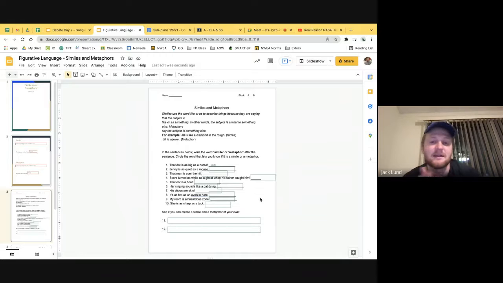If it does not, then it is a metaphor. See, number one, I did do number one for you. Number one is that dot is as big as a horse. So we're comparing the dot to a horse. We're saying they're kind of like each other. That's how big they are. And I see the word as in that sentence. That's a simile.